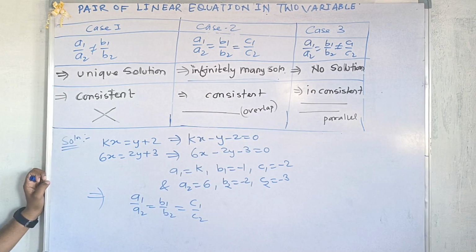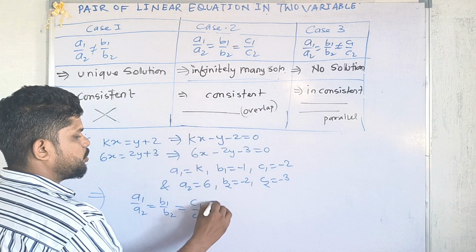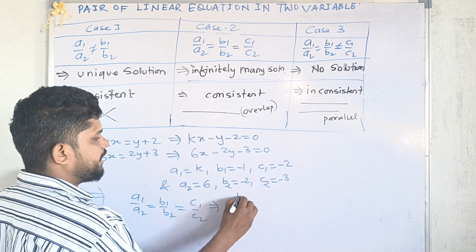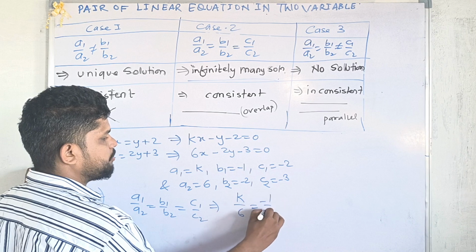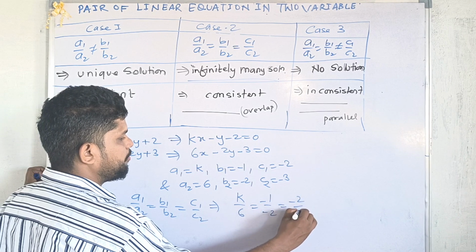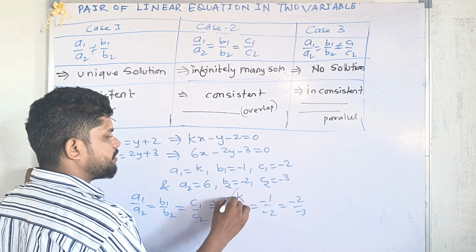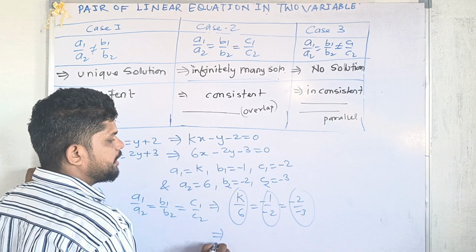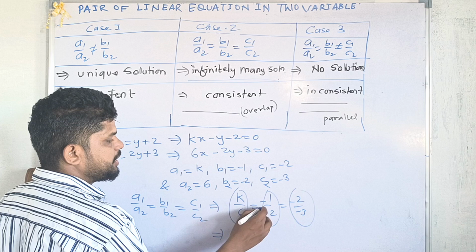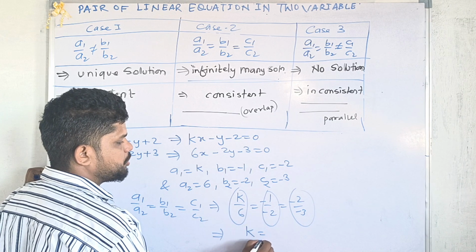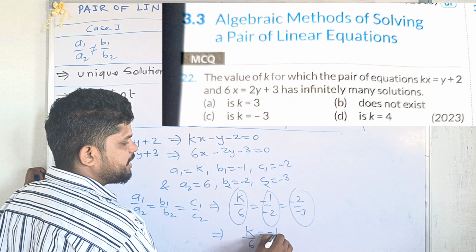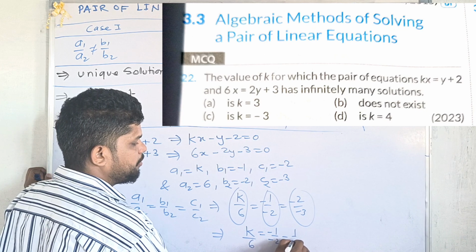Okay, so this should satisfy this. Suppose here the ratio will be k upon 6, minus 1 upon minus 2, minus 2 upon minus 3. This is the first ratio, this is the second ratio, and this is the third ratio. If I equate the first two ratios, I will get the value of k: k by 6 equals minus 1 by minus 2, that is just 1 by 2.